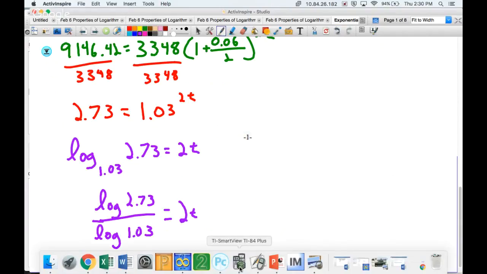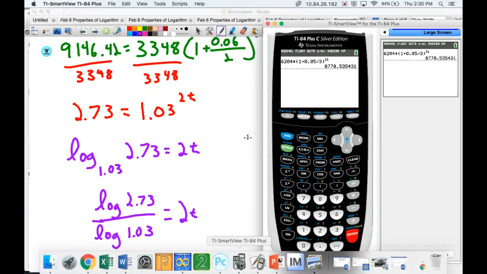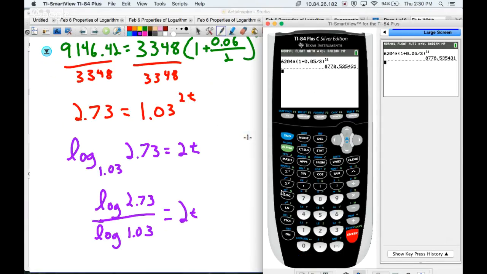To get t, let's get our calculator out again. Log 2.73 divided by the log 1.03. All right, this side of the equation should be about 34.